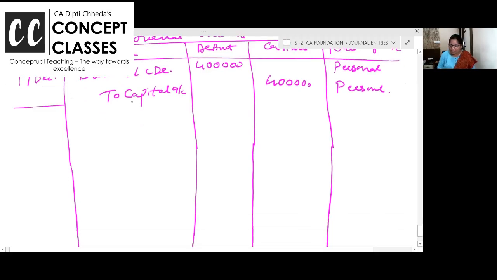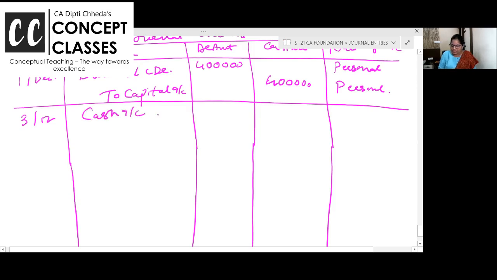Then we can save time because we have done a lot of problems like this. Now, 3rd of December, he withdrew cash from the bank. Which are the accounts involved? Cash account debit, 2000, because the nature of the cash account is real. Are you able to interpret and write with me? What is the nature of the cash account? It's a real account.